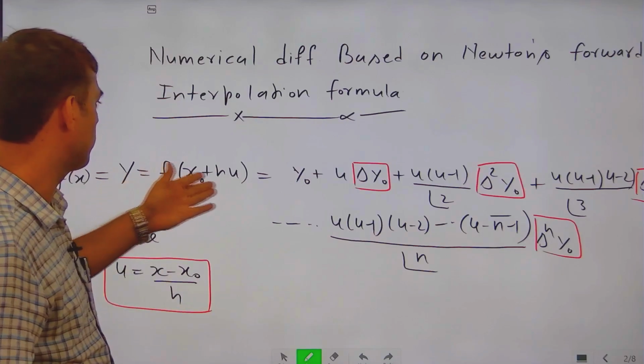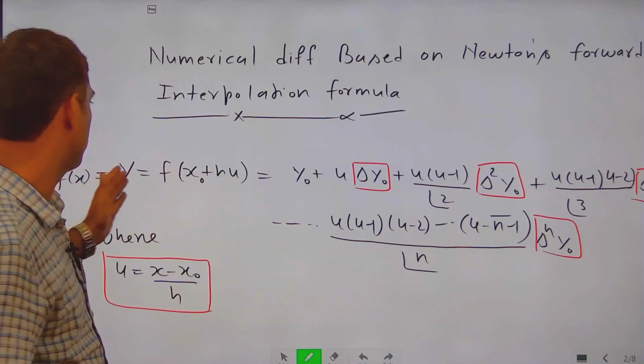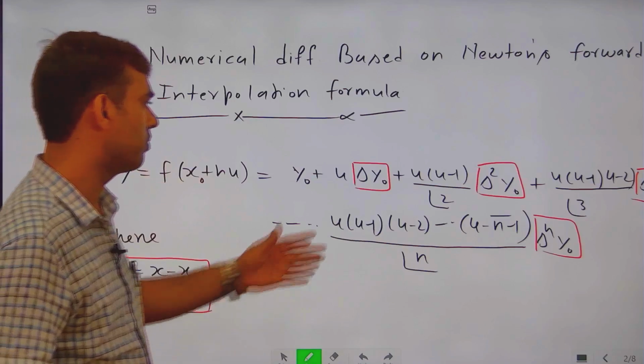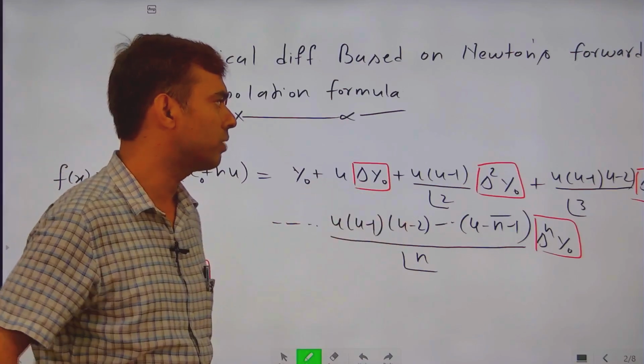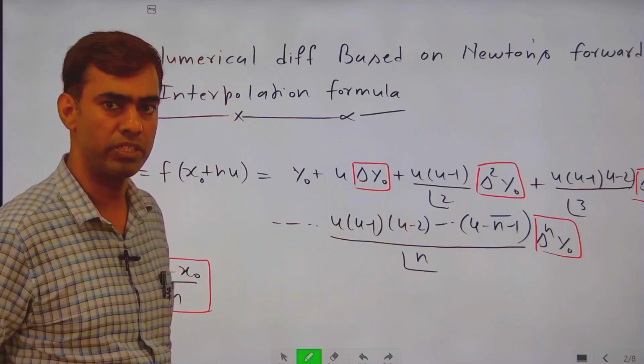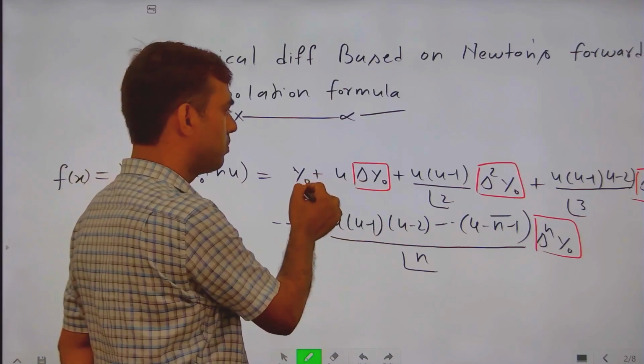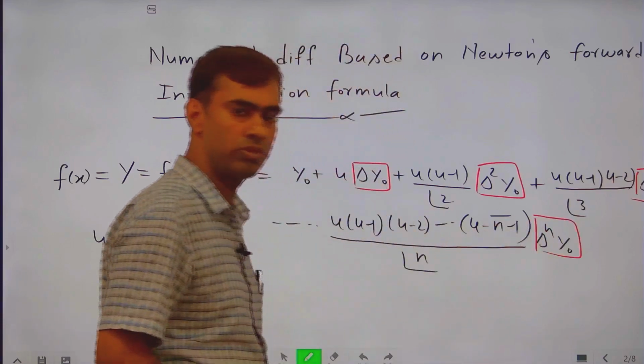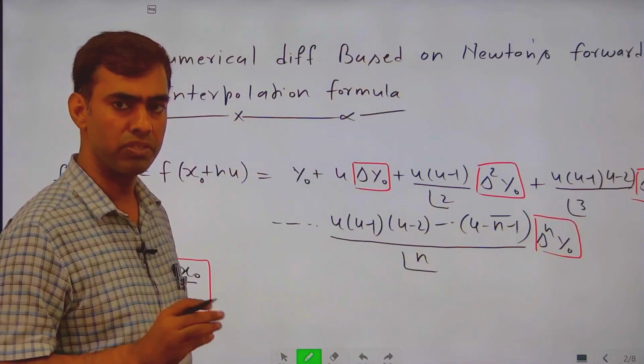Here y equals f(x) equals f of x0 plus hu, which is y0 plus u del y0 plus u(u minus 1) del 2 y0 and so on up to del n y0. Here y0 is a constant, and del y0, del 2 y0, del 3 y0, up to del n y0, all these terms are constants.